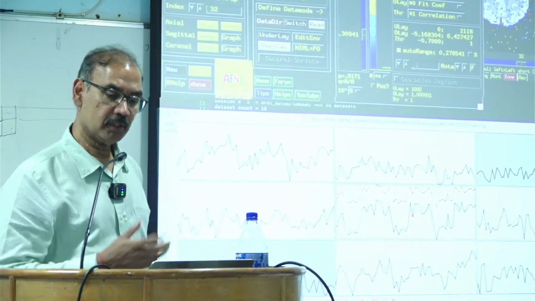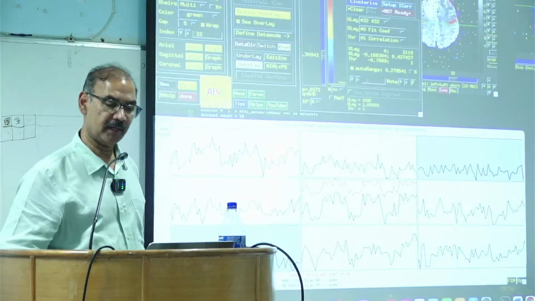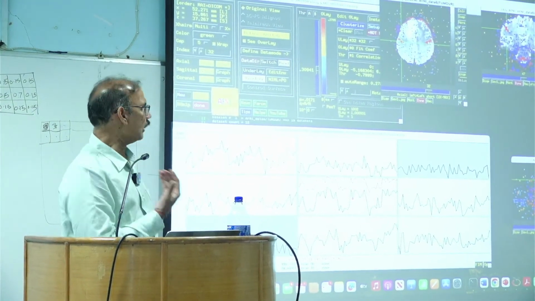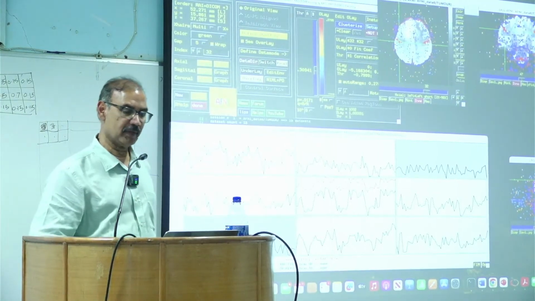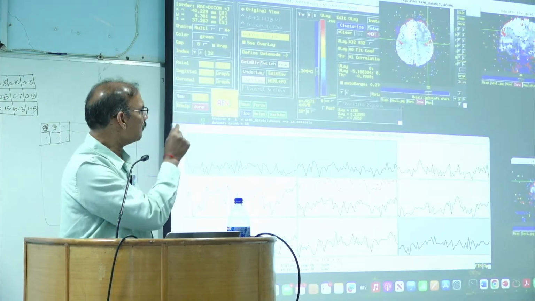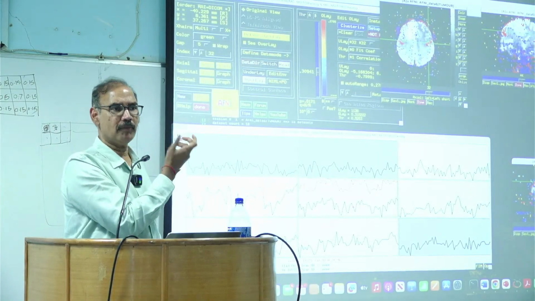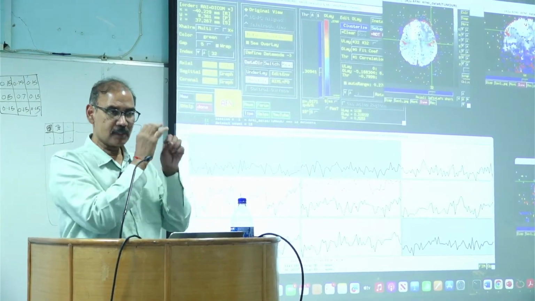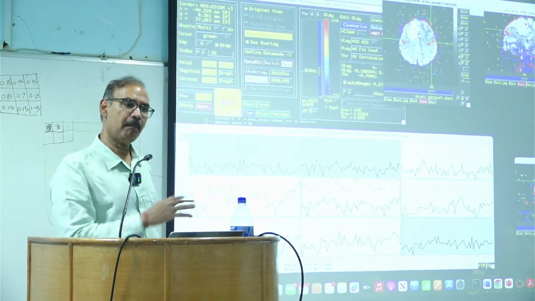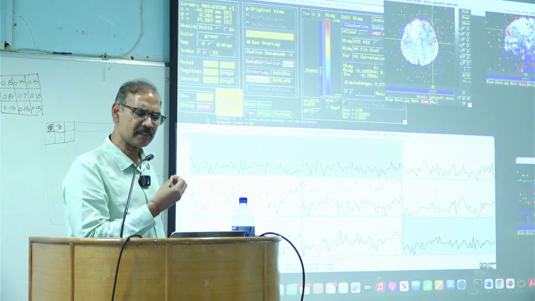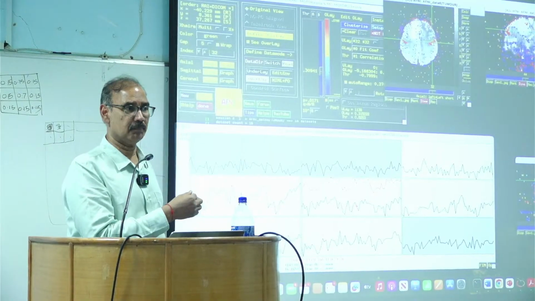Right. So this one I haven't done any correction, right? So it's unlikely that the motor will be one of the first few components because look at the volume of the motor region. The motor region is a small fraction compared to the whole brain. So that's why it's unlikely that it will be the first component, right?